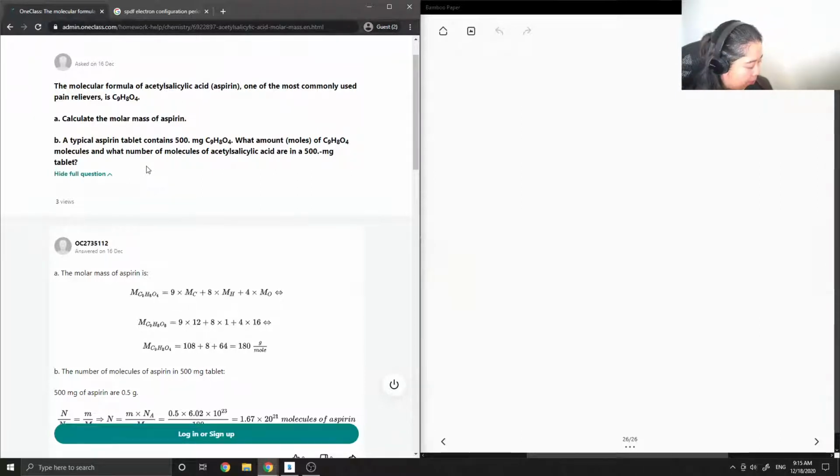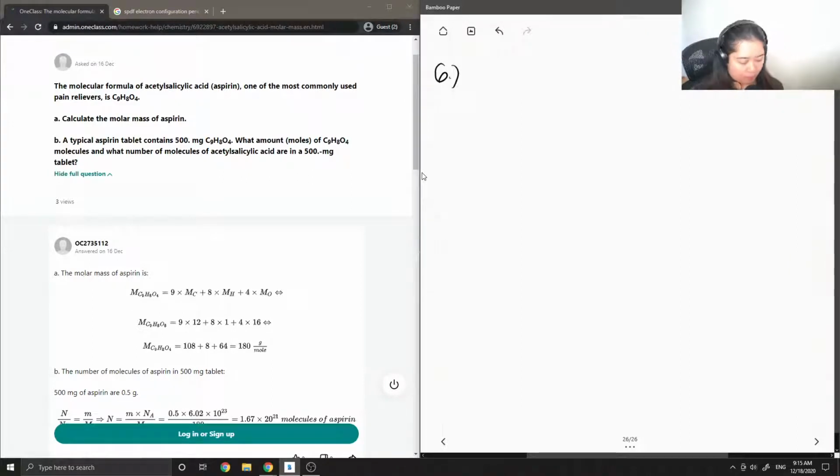And we're going to start by first showing the chemical compound acetylsalicylic acid. So it has a benzene ring, and it has chemical formula C9H8O4.